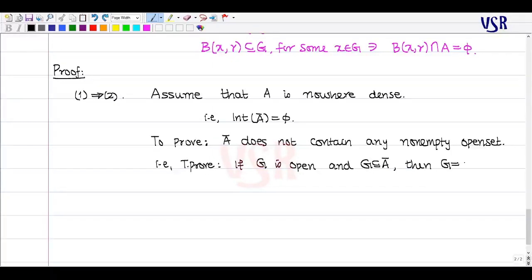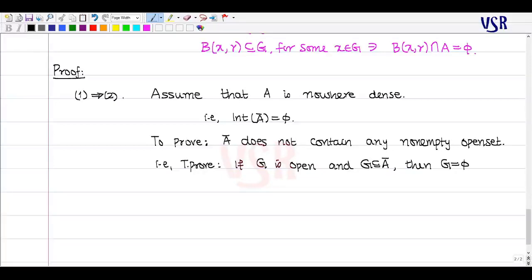Empty set மட்டும்தாங்க உள்ள இருக்கும் அப்படின்னு சொல்றேன். அப்ப நீங்க எந்த ஒரு ஓபன் செட் கொடுத்தாலும் G A closure குள்ள கண்டெயின் ஆகி இருந்ததுன்னா அந்த ஓபன் செட் empty தான், வேற எதுவுமே கிடையாது. அப்ப என்ன அர்த்தம்? A closure does not contain any non-empty open set. A closure குள்ள non-empty open set இருக்க முடியாது அப்படின்னு சொல்லி முடிச்சிடலாம்.